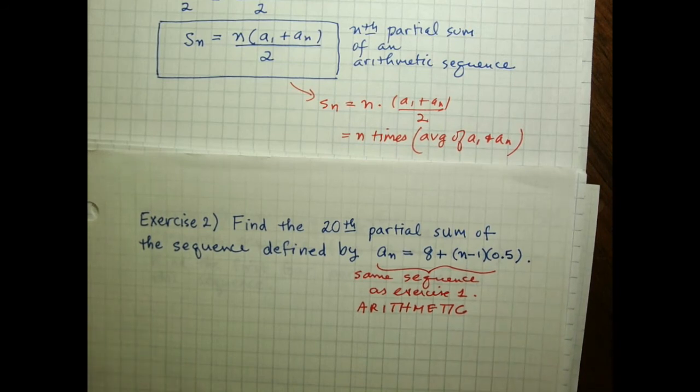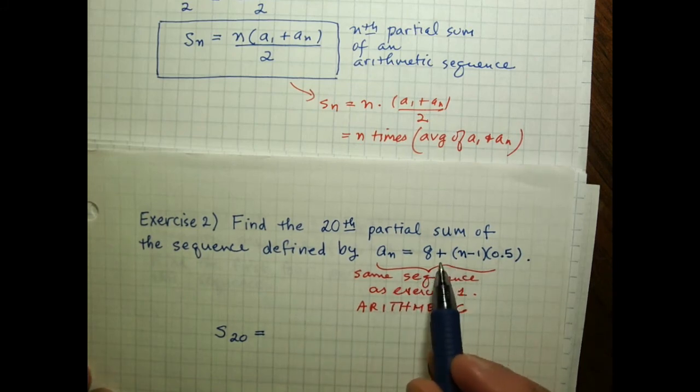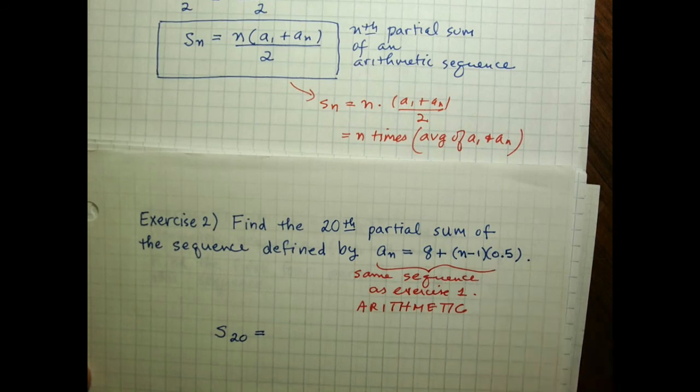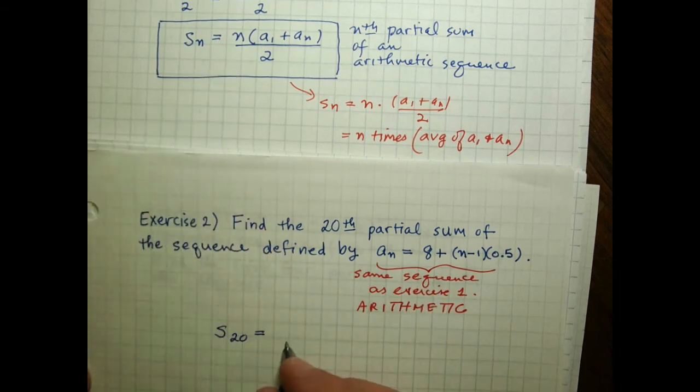And so our answer here is going to be, all we want is S20. And now, again, I could actually calculate 20 of these terms and add them together. That would just be a bit tedious. I'm not going to do that. What I'm going to do is just use our formula for Sn.